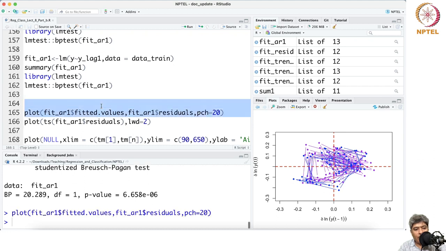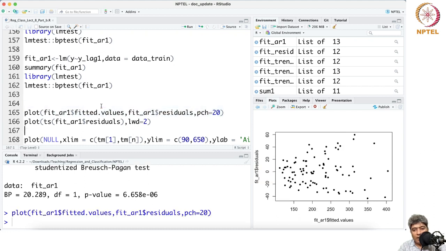If we plot this, you can clearly see that at the beginning it was much denser, but as the fitted value increases, the residual increases with it. It's like a fan kind of behavior, so clearly it's not homogeneous.